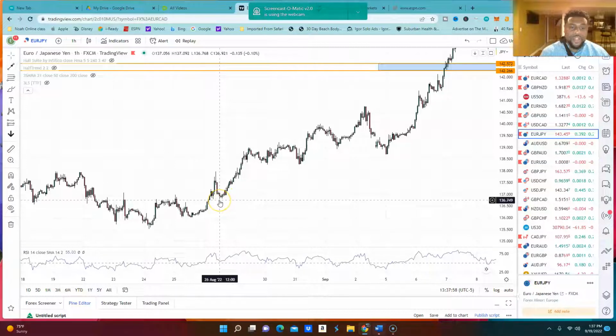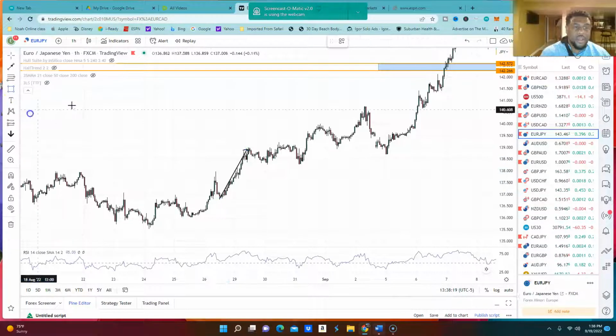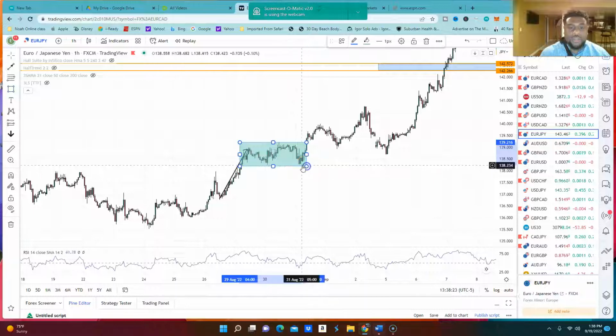So I want to start from this area right here, and let's show you where we have a rally-base-rally. Let's identify that first, right? So if you look right here, let me just go to the charts, get an arrow right here. Let's say we start at this point, the market rallied up, right? Then from here, it leveled off where it created what? A consolidation zone, okay? So this rectangle, if I take this here, this is a consolidation zone that was created.